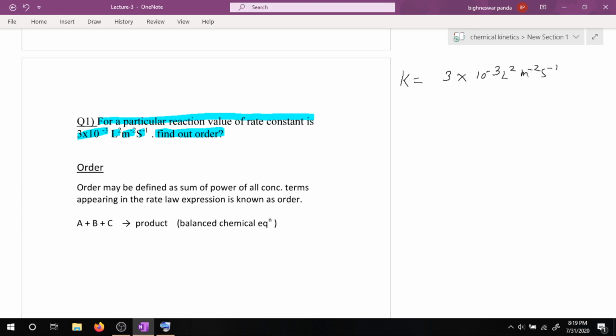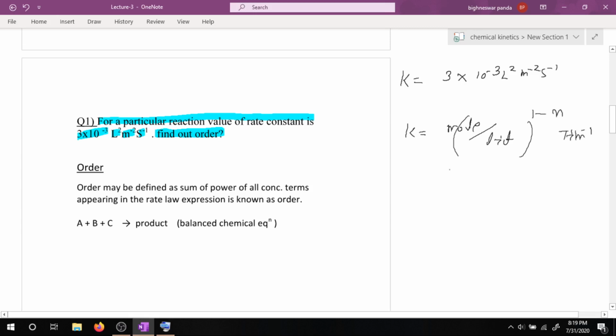We have already discussed the unit of rate constant: K is equal to (mol/L)^(1-n) time^-1.